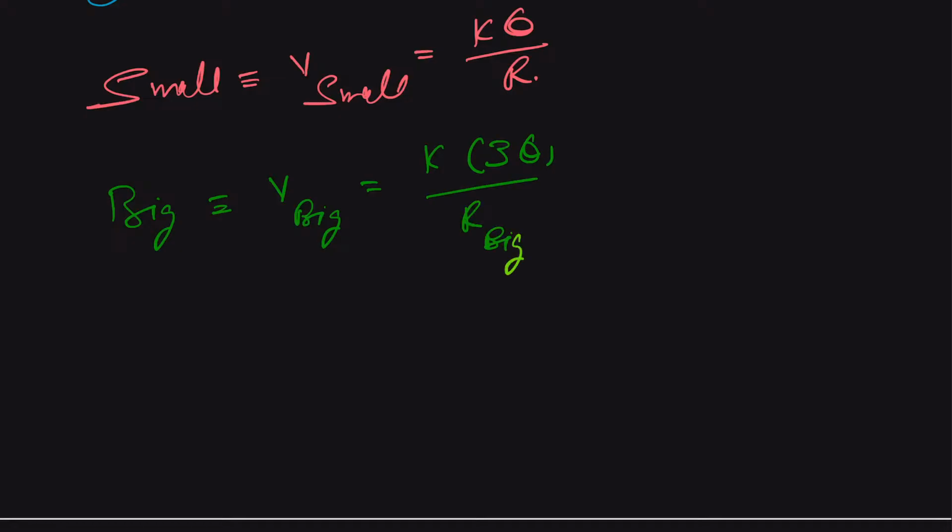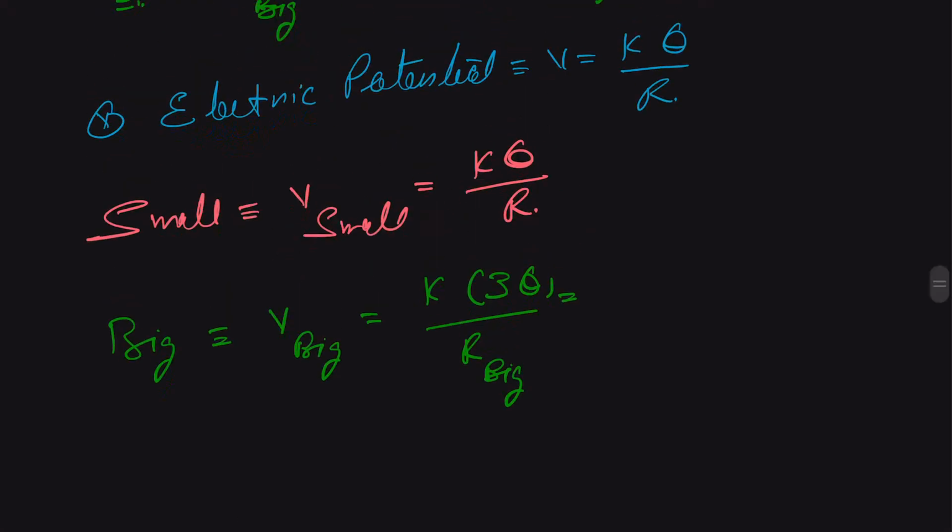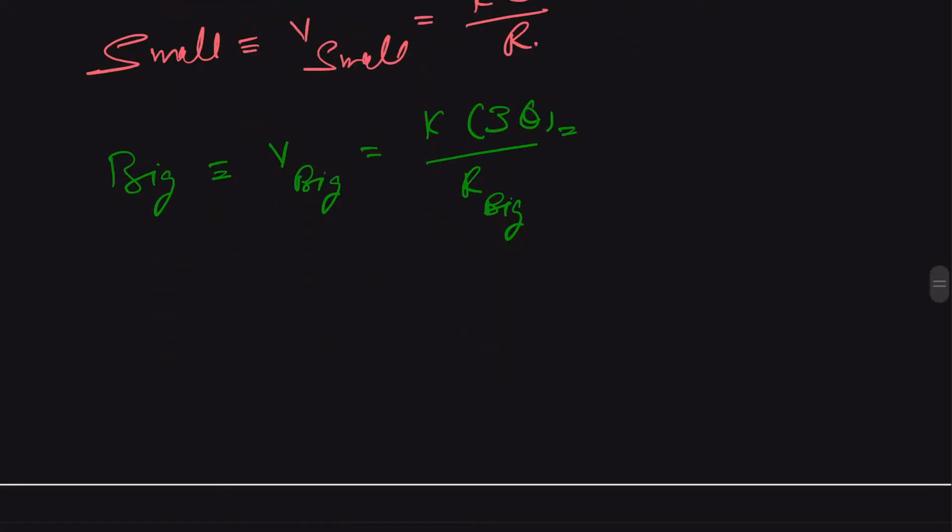We already know the relationship between the big radius and the small, so this comes as k 3q upon the third root of 3 times r, which can be written as 3 raised to 2 by 3 kq upon r.